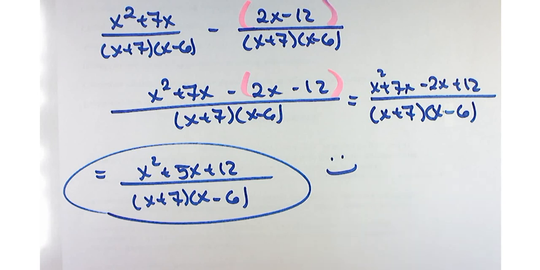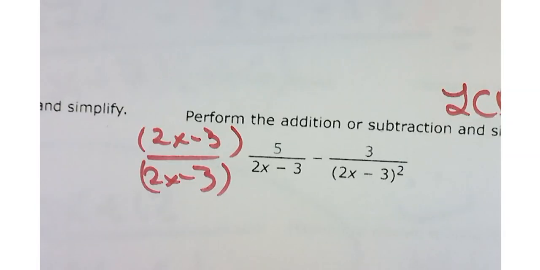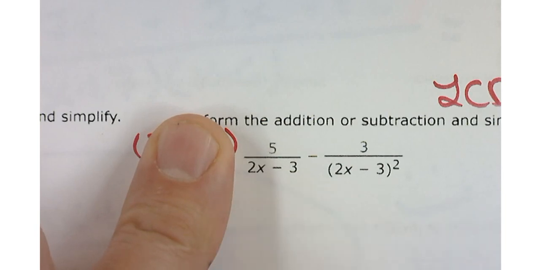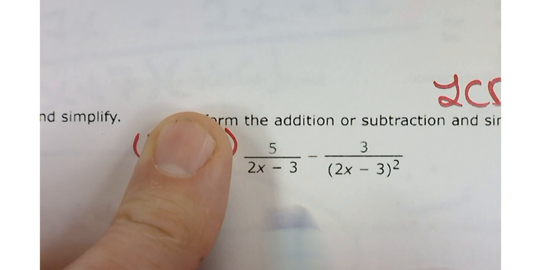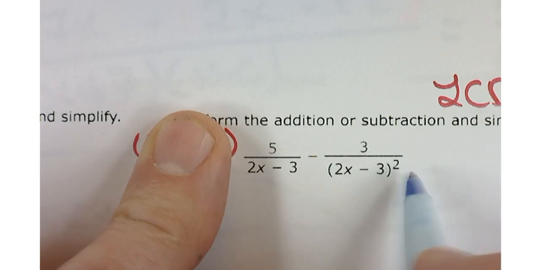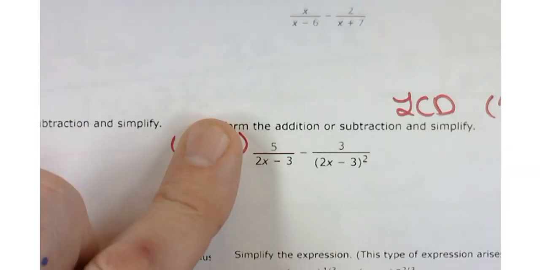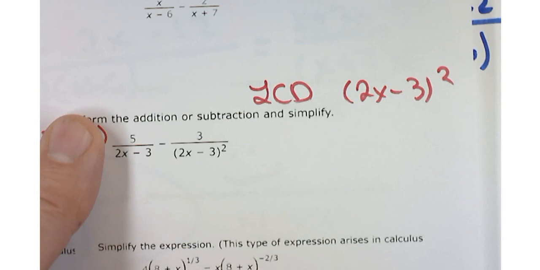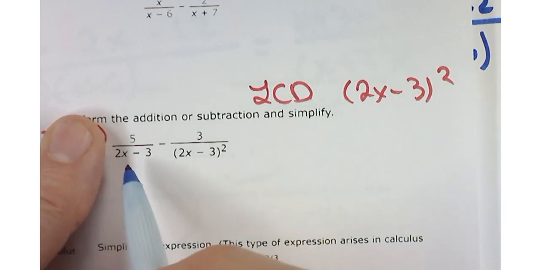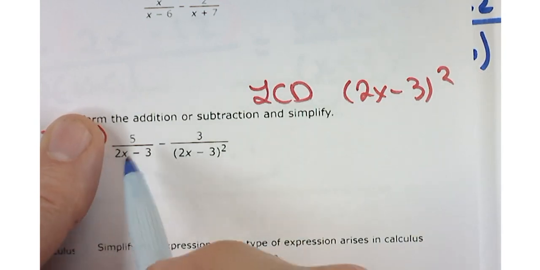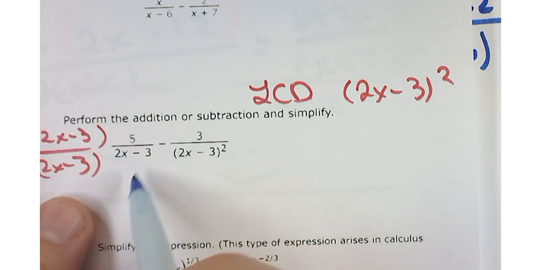Last comment: if you were to do something like this problem here, which is also part of example E, the lowest common denominator is just going to be 2x minus 3 to the second power. So this already has the LCD, which is your 2x minus 3 squared. In order to get the LCD here, I would just multiply by 2x minus 3 over 2x minus 3.